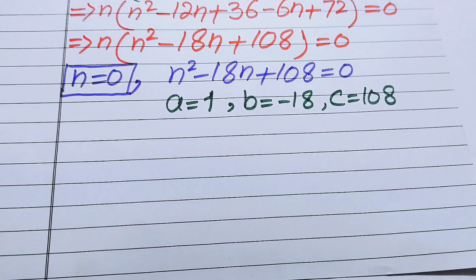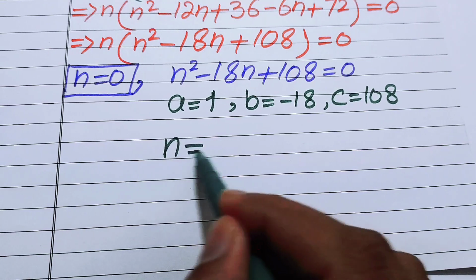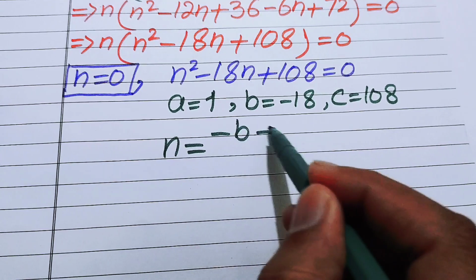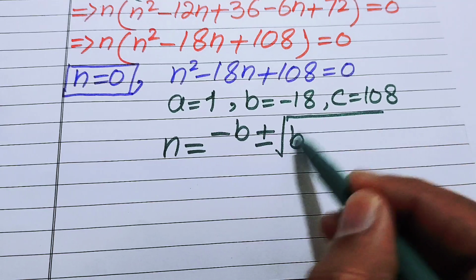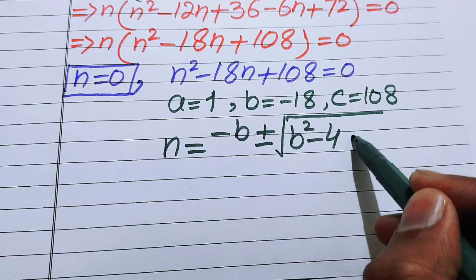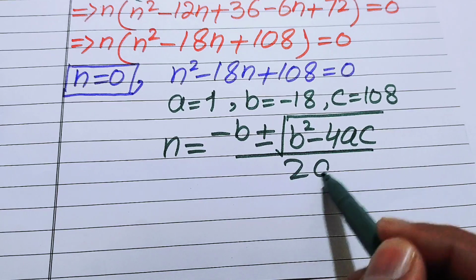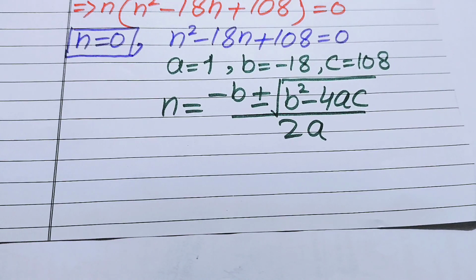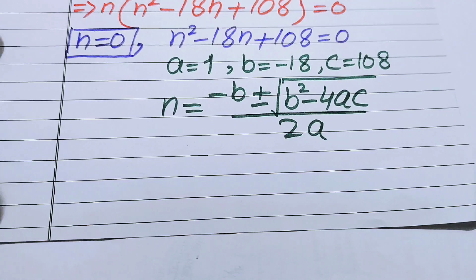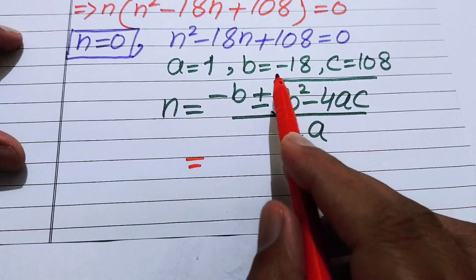And now we can write our nice quadratic formula, which is n equals minus b plus minus square root of b squared minus 4ac, and this whole over 2a. So now we can just put the values of a, b, c here, and you easily get the other two roots of this equation.